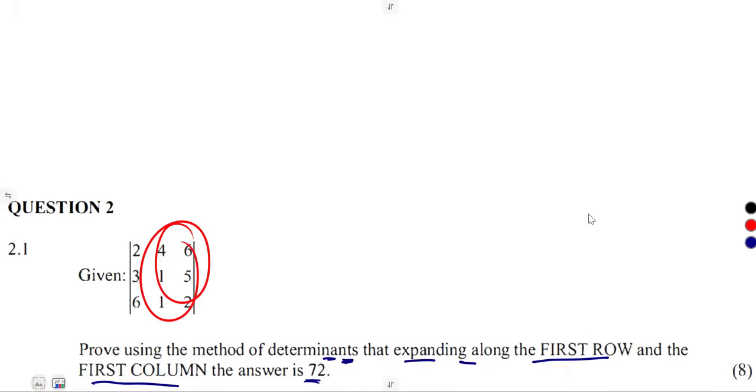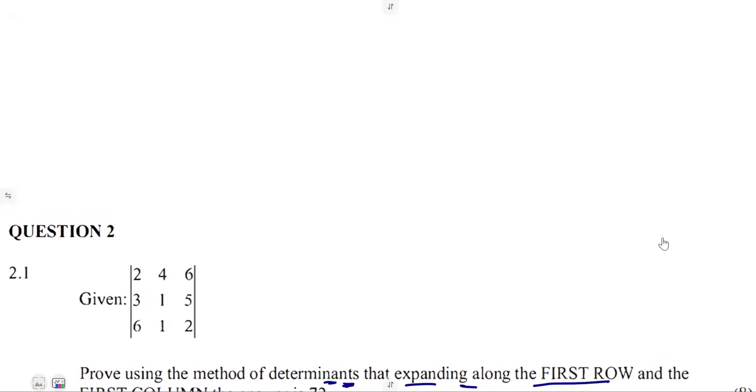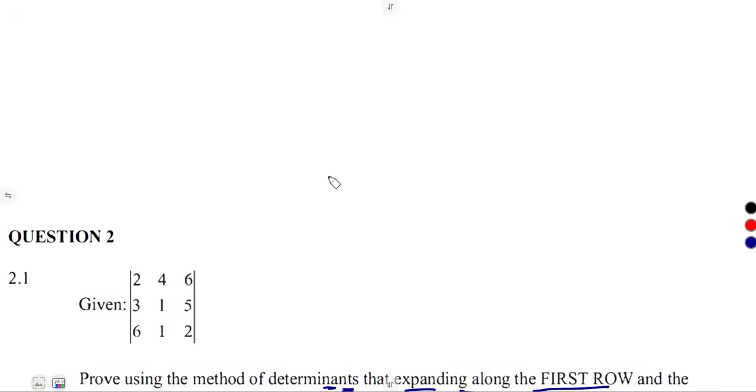Let's see and prove that our determinant is 72, but we must follow what they said, by expanding the first row. Let's start with that one. Expanding the first row. You follow the instruction.